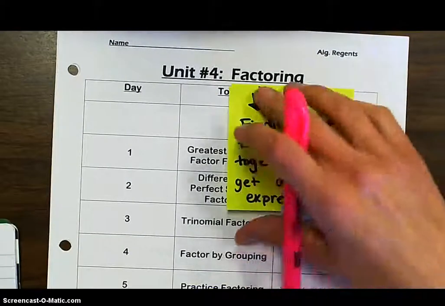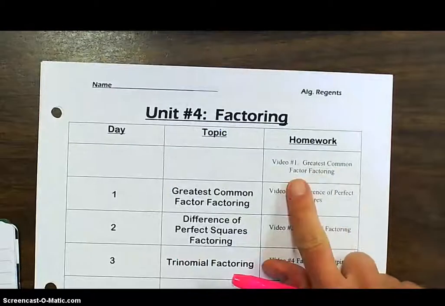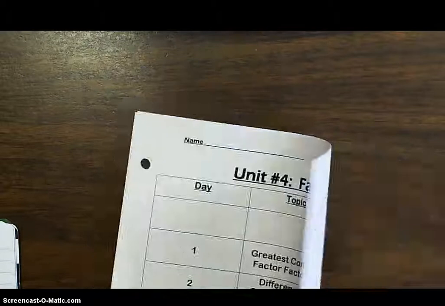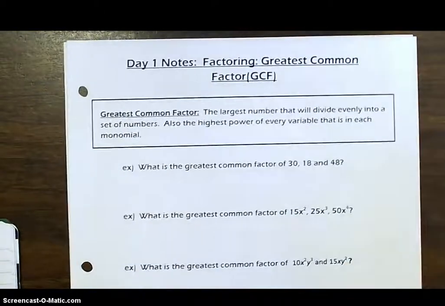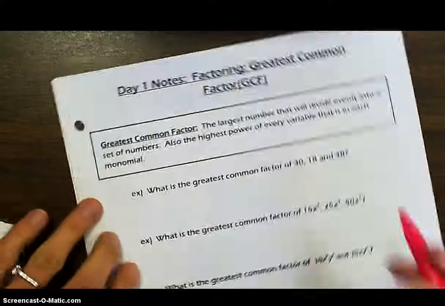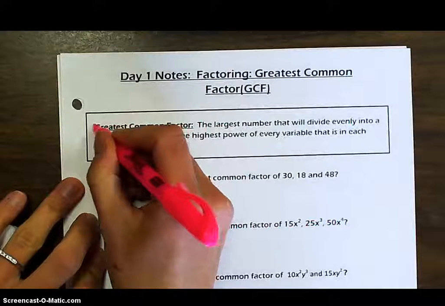Today, we're going to focus on our first type of factoring, which is called greatest common factor factoring. All right, so let's go ahead and flip to our notes for today. Now before we start factoring, let's just review what a GCF, a greatest common factor, is.